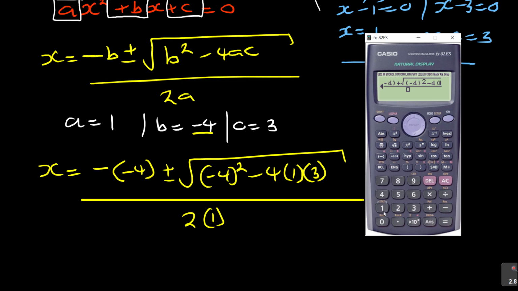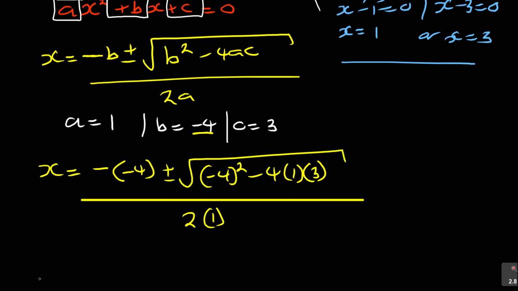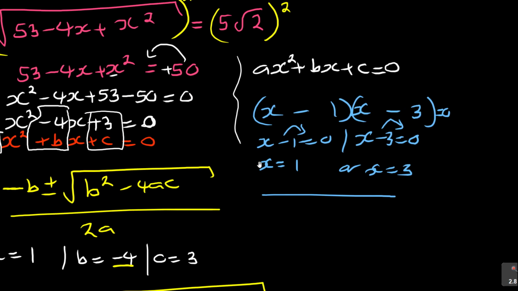Minus 4, a is 1, c is 3, and then all over 2a, which is 1. Right, then when you do that, x is equal to 3, we just got it, and then you play back, then minus, x is equal to 1. You see, it gives us the answer straight away here. X is equal to 3, or x is equal to 1. Are you with me? So that's the answer that we got in here.